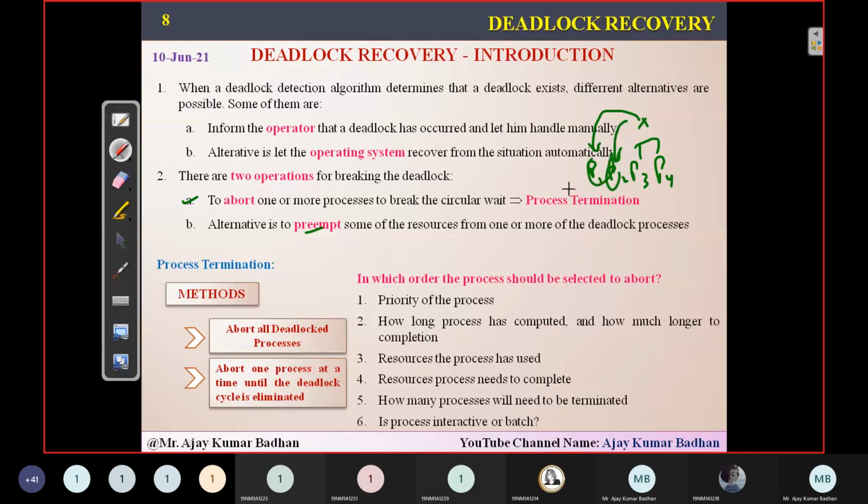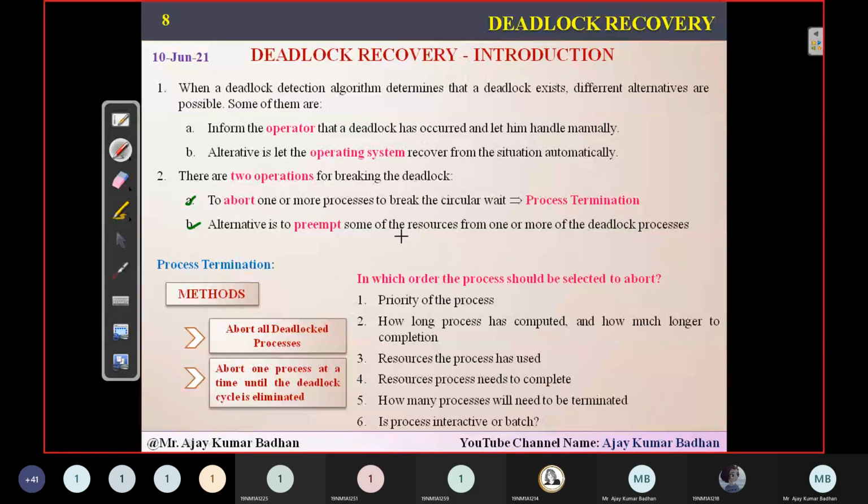They will execute, and once they complete, they will release the resources. I will then have sufficient resources, and I will allocate those resources to P3 and P4. That totally depends upon the system which one it opts for, whether it will terminate the processes, or take the resources from those particular processes.